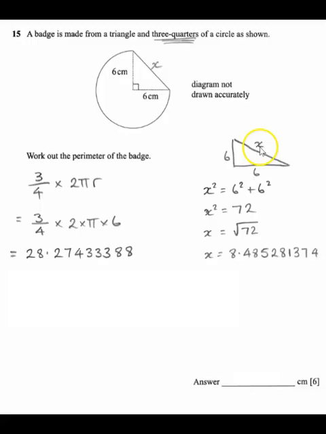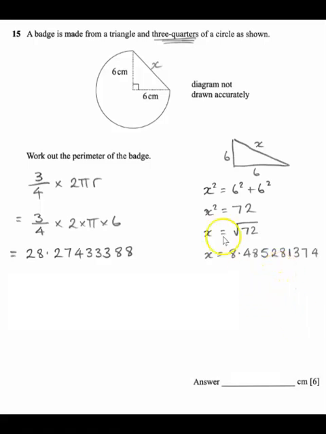Because we're looking for the hypotenuse, we're squaring these two, 6 and 6, and we're taking them down here and squaring them and adding them together. So when we do that, it's 72, and then when we're getting rid of this square, it comes across the other side, and the opposite of a square is a square root. So now we have the square root of 72, and then we key in the calculator, and this is what we get.